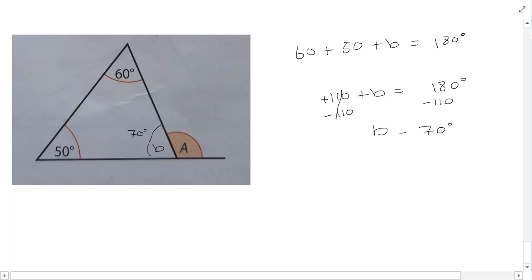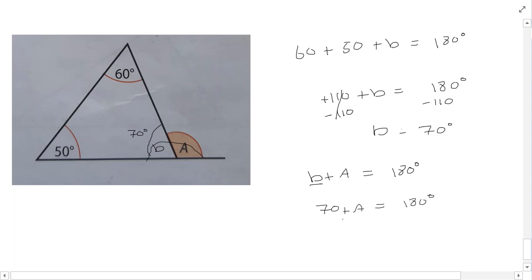Now we know that this angle B plus the angle A is going to be equal to 180 degrees, because this here is a straight line, and the angle on that is 180 degrees. So we can use algebra again. We know what B is, so we can put that in: 70 plus the angle A will be equal to 180 degrees.